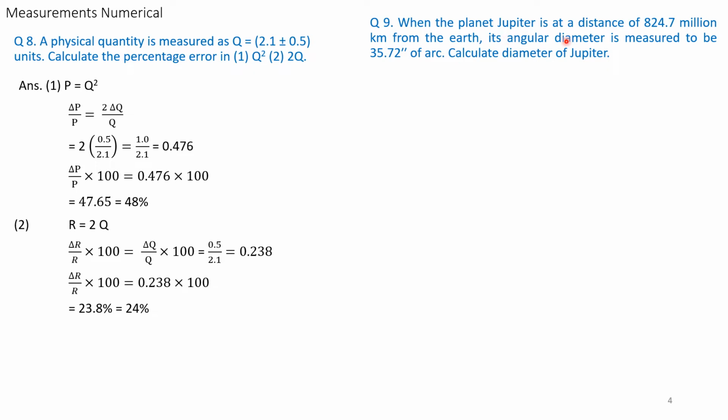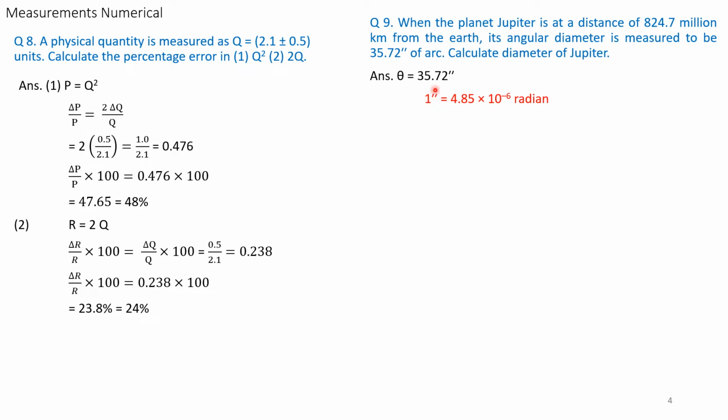When the planet Jupiter is at a distance of 824.7 million kilometers from the Earth, its angular diameter is measured to be 35.72 seconds of arc. Calculate the diameter of Jupiter. Answer. It is given theta, the angular diameter angle, is 35.72 seconds of arc.